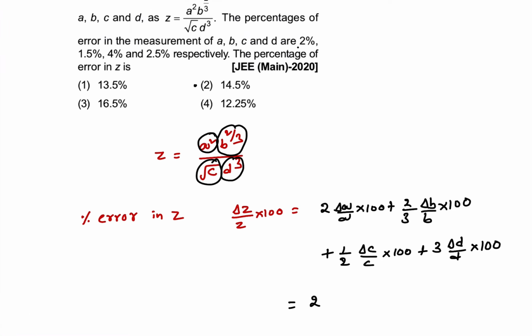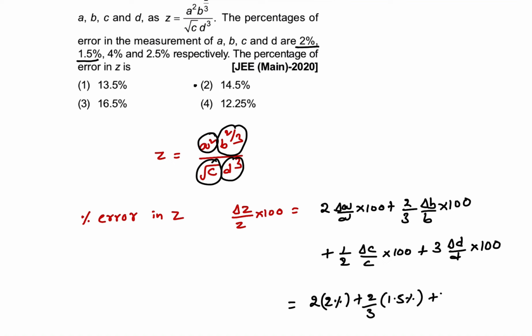Now if you substitute the values, according to the question, delta A by A is given as 2%. I am writing here 2%. Plus, the next one is 2 by 3 delta B by B, and they have given delta B by B as 1.5%.